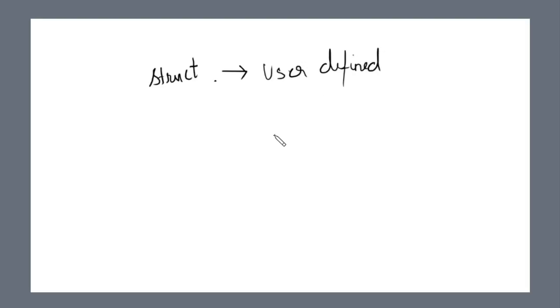For arrays, we are deriving from the basic data types like integer, character and float, so that comes under derived data type. For structure, we are defining a separate data type. For example, student is a data type that we are going to create, and we are going to create values for that student data type.